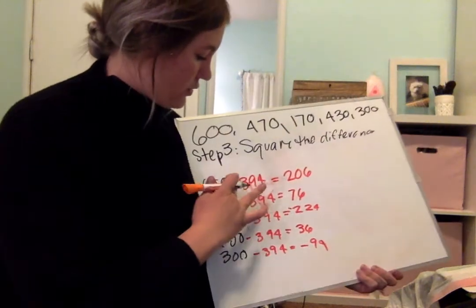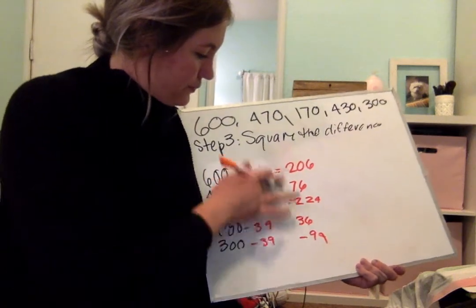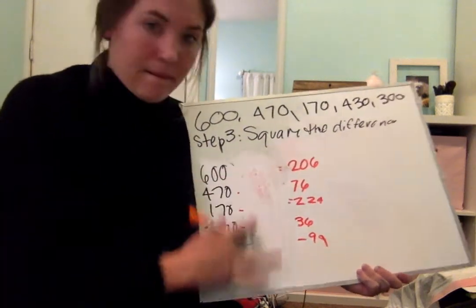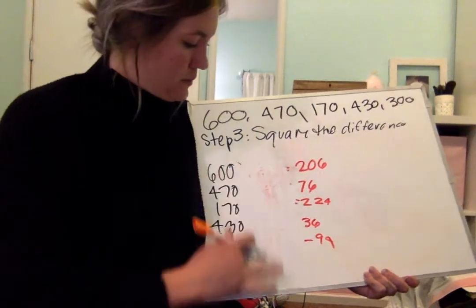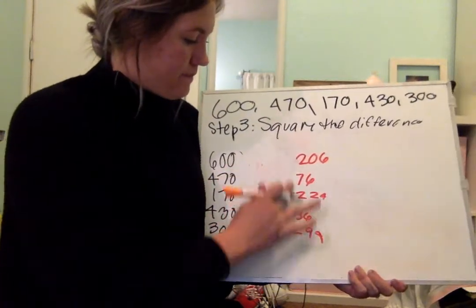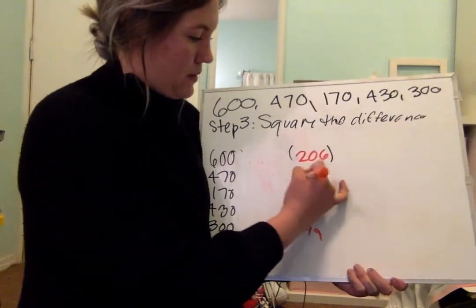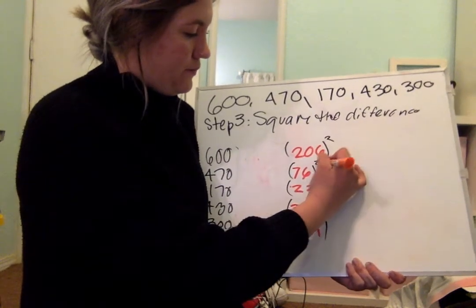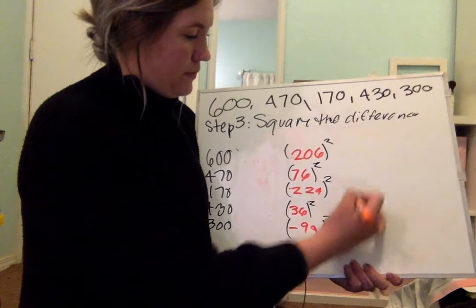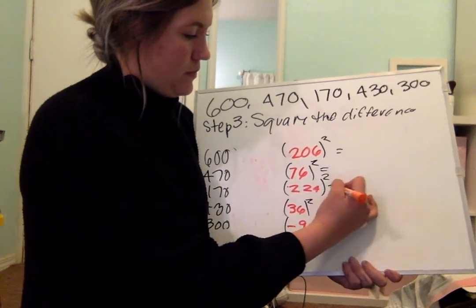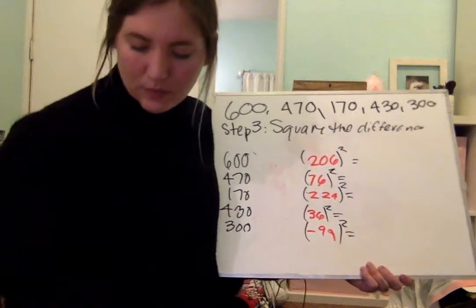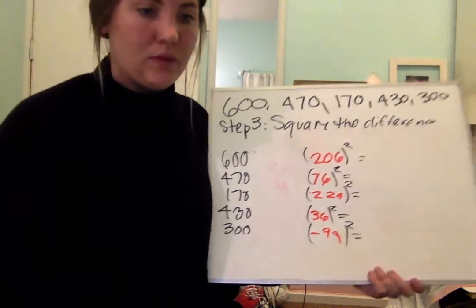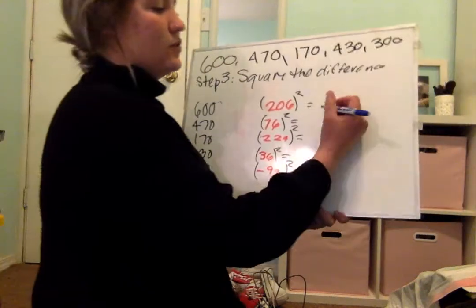You're going to take your new numbers and square them, raise them to the power of 2.